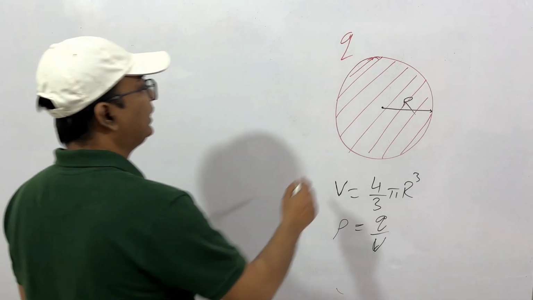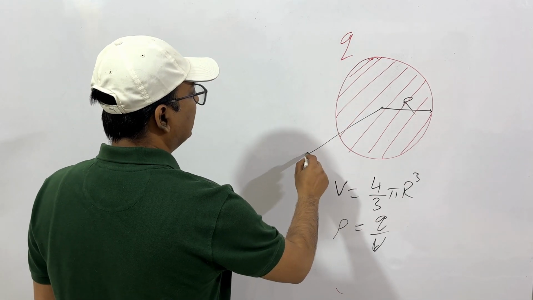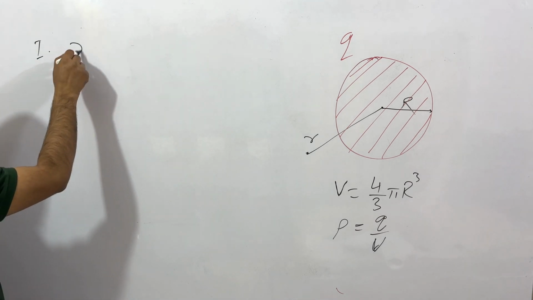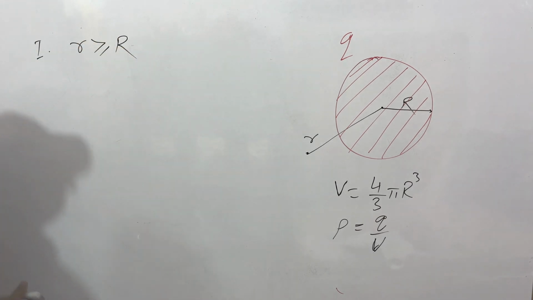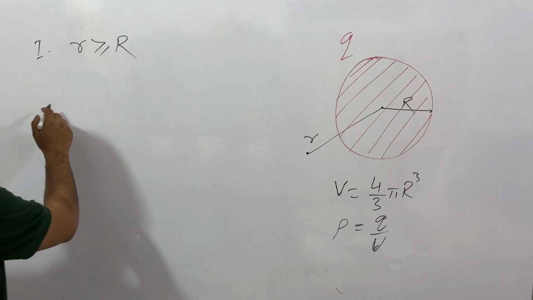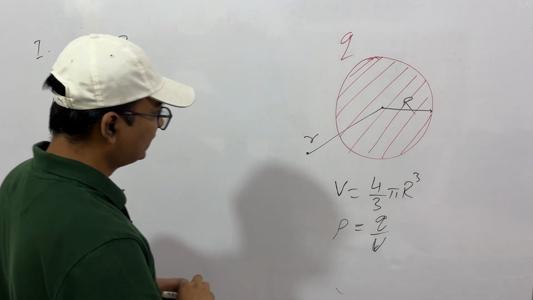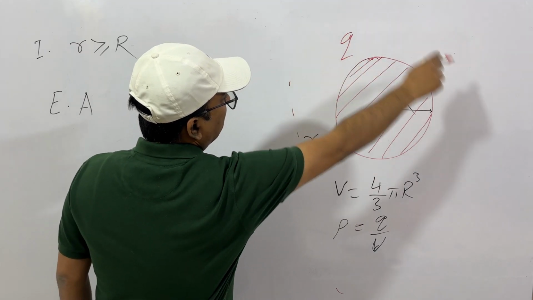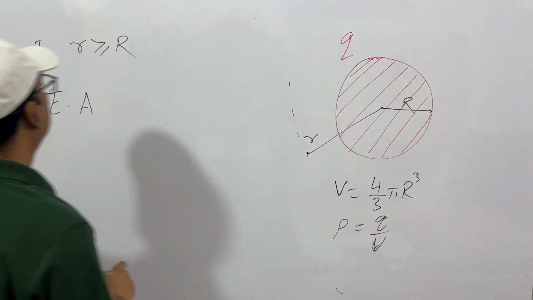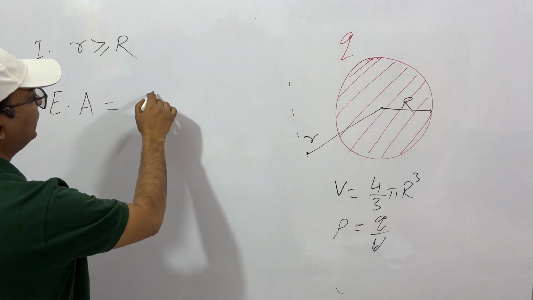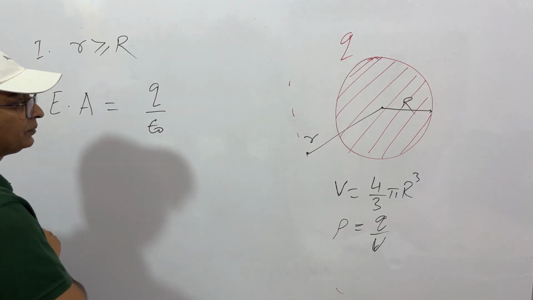Now if we take a point r that is out of this sphere, that is case 1, when r is greater than or equal to capital R, then what? Your E dot area of the Gaussian surface. The Gaussian surface will be this sphere. So E dot A is equal to the total charge q by epsilon 0.